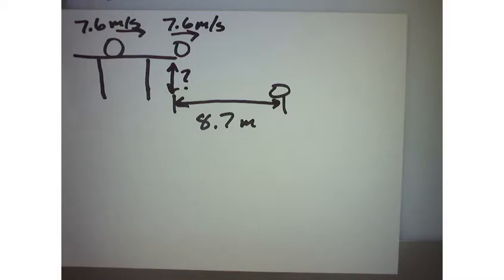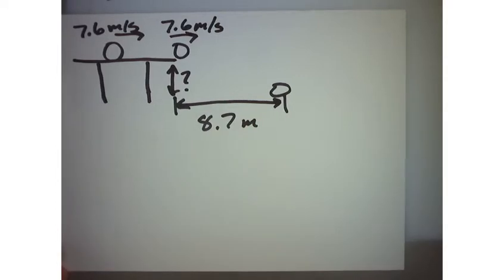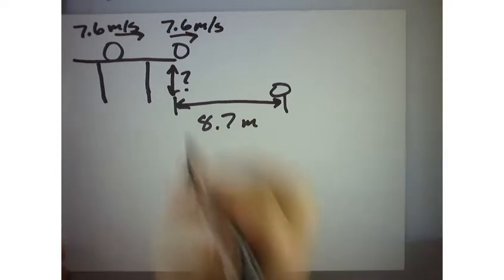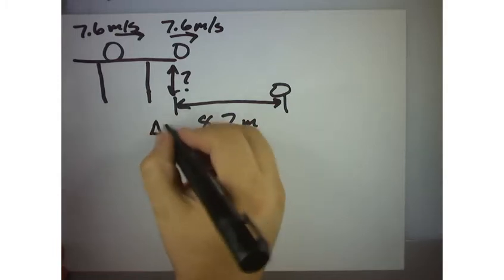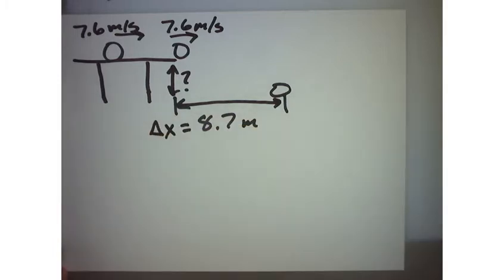We have some information. Let's label some of the information and see what we have. What would you call the 8.7 meters? The distance, but how do we say that in physics class? Yeah, displacement or delta x, right? What are they looking for? The height of the platform, what is that?